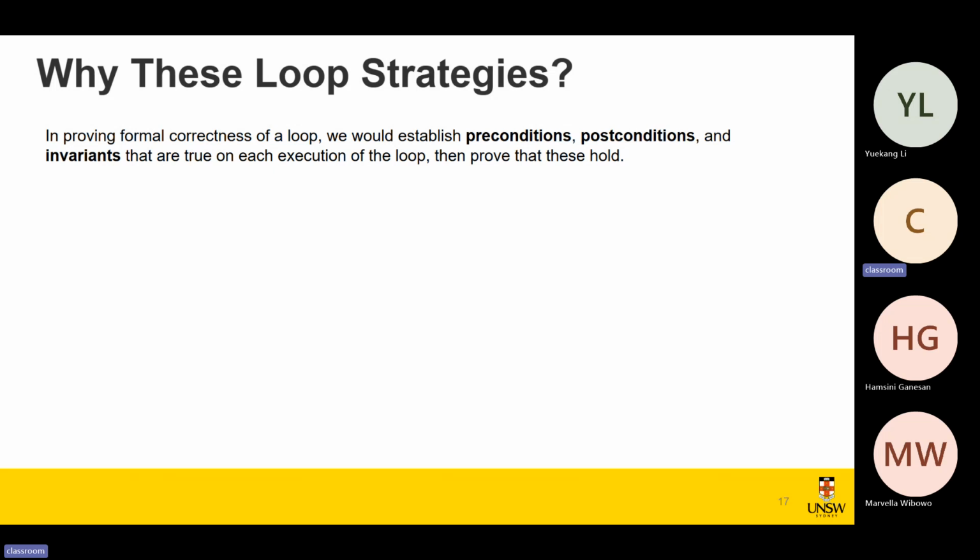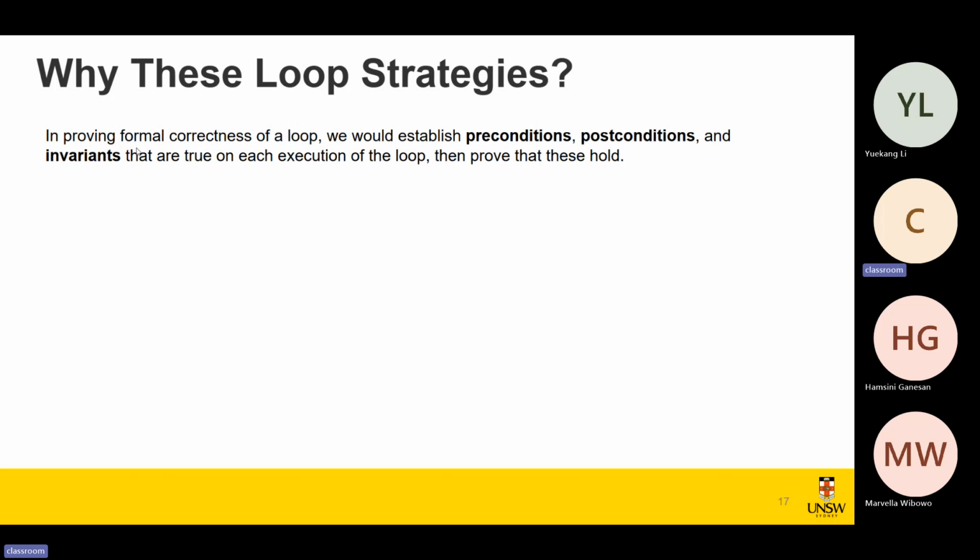So you can consider it as all the potential values of the variables before executing the loop. And postconditions are all the values for the variables after executing the loop. And the invariants are the values that don't change across different executions of the loop. So they are called invariants.